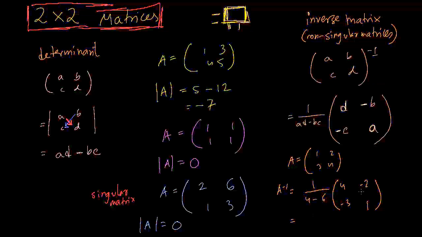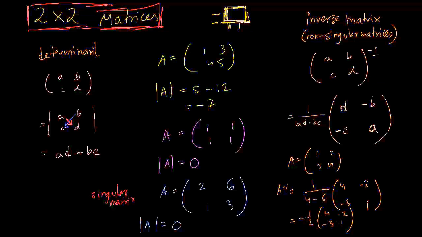You can keep it like this, or you can do the scalar multiplication. Remember, this is a constant, 1 by minus 2, so minus half. So if I write here minus half and multiply it with that, that would mean I'm going to multiply minus half with 4, then minus half with minus 2, then minus half with minus 3, and minus half with 1.